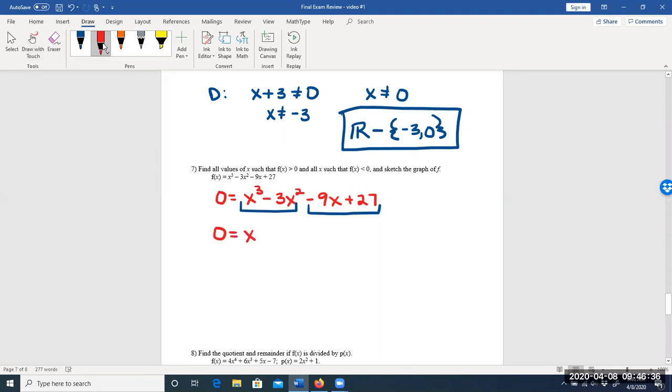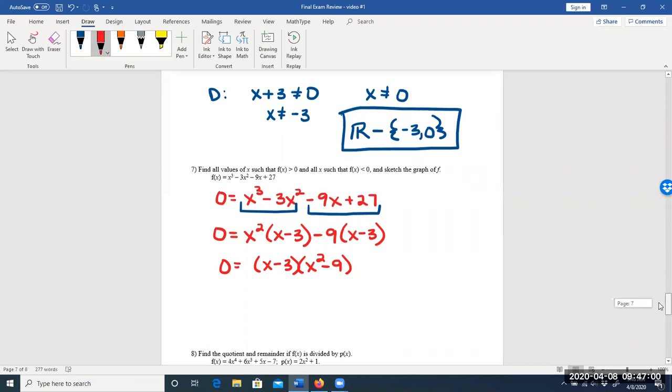I can pull out an x squared. I'm left with x minus 3. And then I want to pull out a -9 so that I have x minus 3 again. So my factors are x minus 3 and x squared minus 9, because I make a factor from the binomial that repeats, and then make a factor from the GCFs.